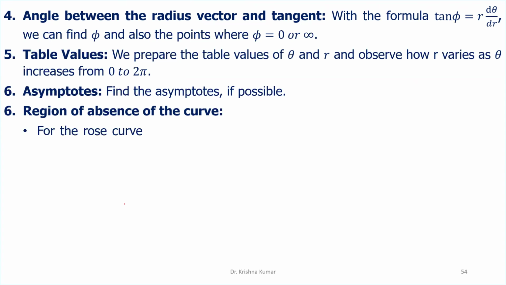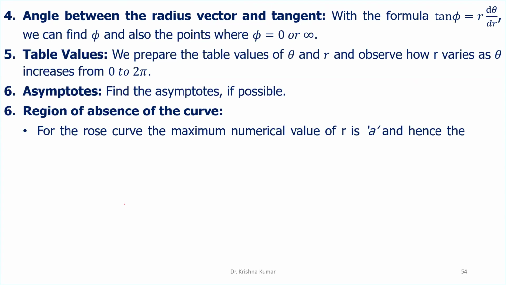Now, for the rose curve, the maximum numerical value of r is a, and hence the entire curve will lie within a circle of radius a. So the whole rose curve will lie only within a circle of radius a.